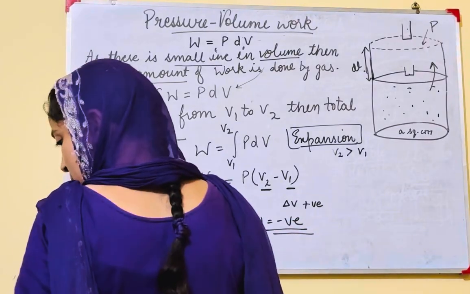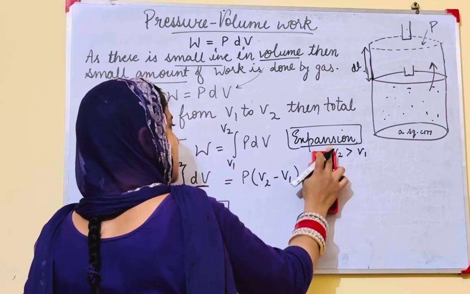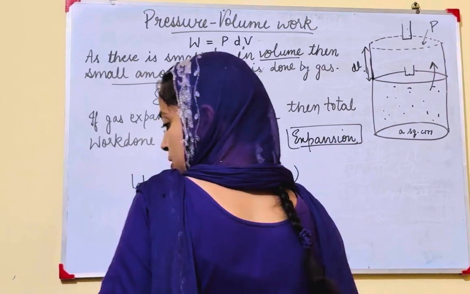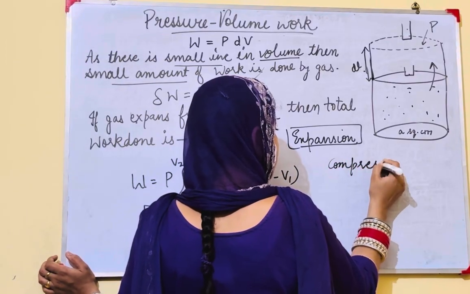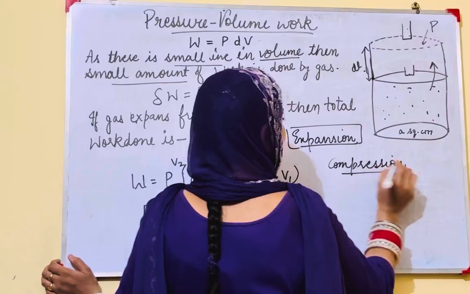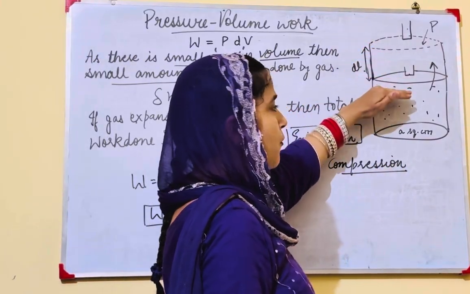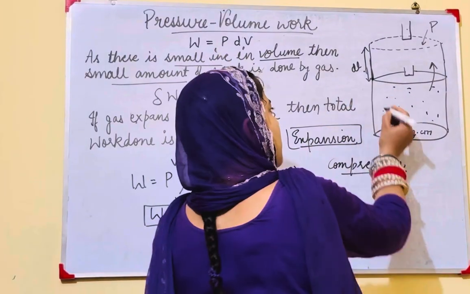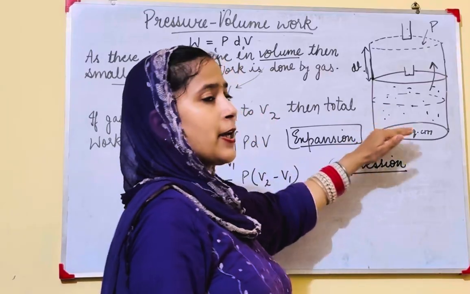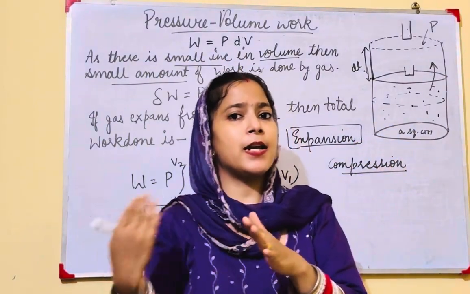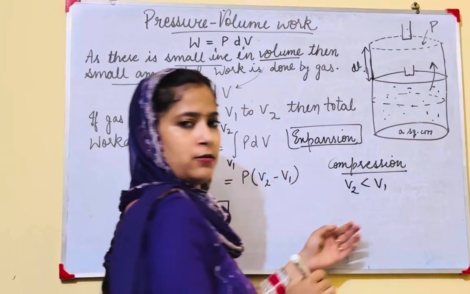Now we consider work of compression. In case of compression, volume will decrease, meaning final volume is less than initial volume. So V2 should be less than V1.